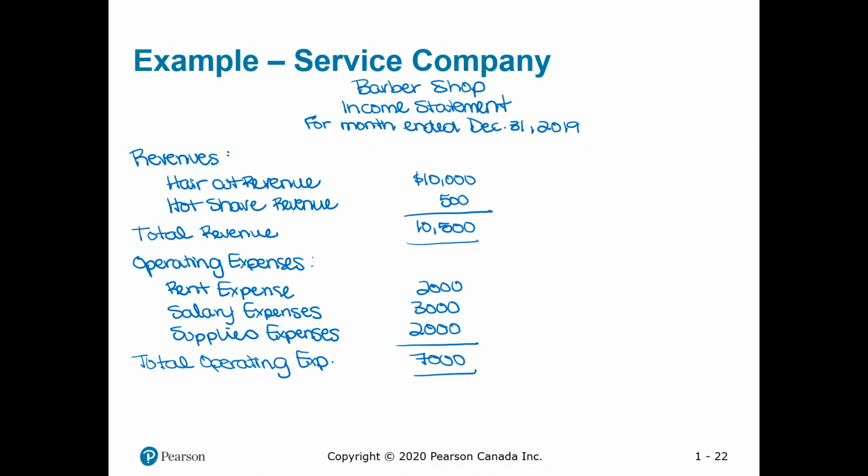And now we're going to take away our expenses from our revenue. So our revenues minus our expenses get us to net income. 10,500 minus 7,000 is 3,500.